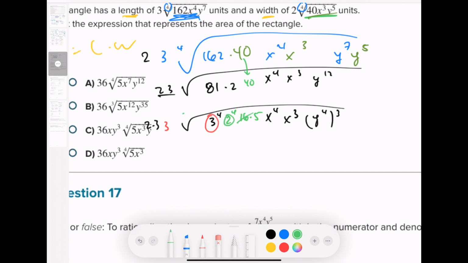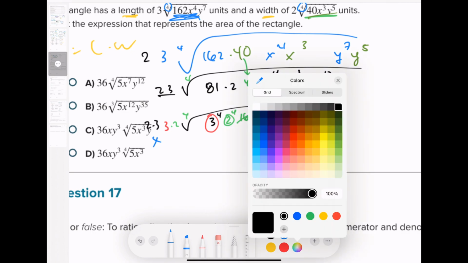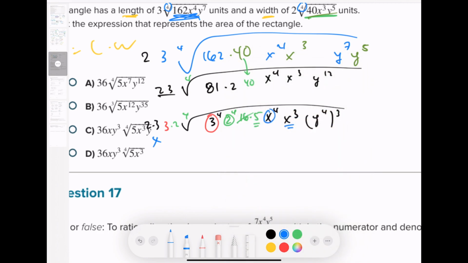This 2 comes out because remember you need 4 of them. Okay, that 5 is staying. This x can come out. That one's staying. Should actually change this one. So that means this is coming out.